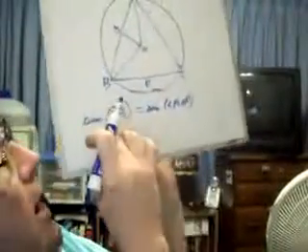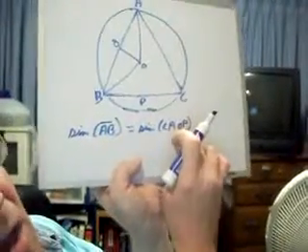Now we just get into a little arithmetic. What are we going to do next? Well, we're going to find the sine of AB. The sine of AB is equal to the sine of AOP.